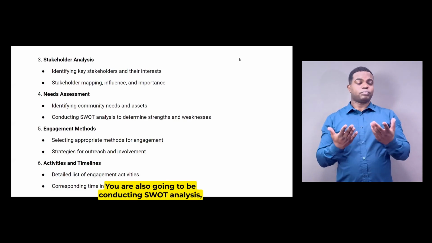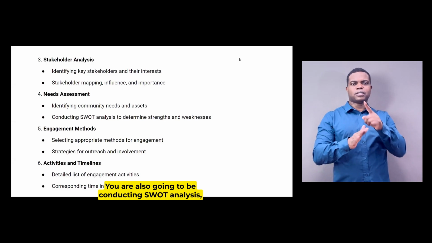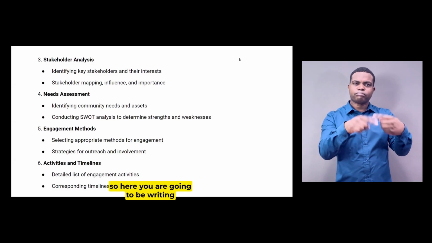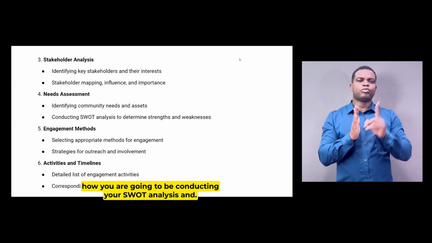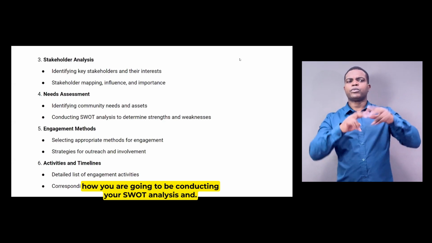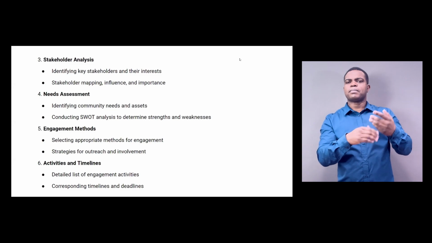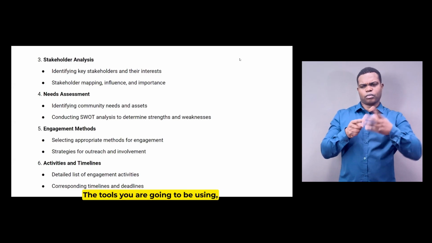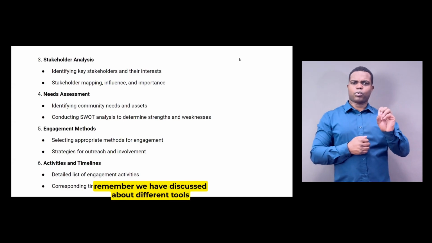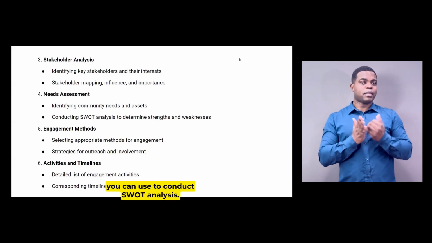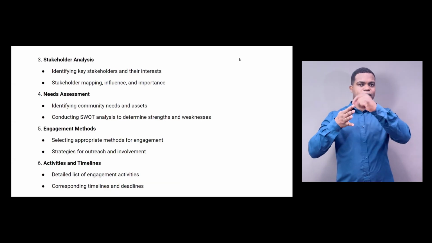You are also going to be conducting SWOT analysis. Here you are going to be writing how you are going to be conducting your SWOT analysis and the tools you are going to be using. Remember, we have discussed different tools you can use to conduct SWOT analysis.